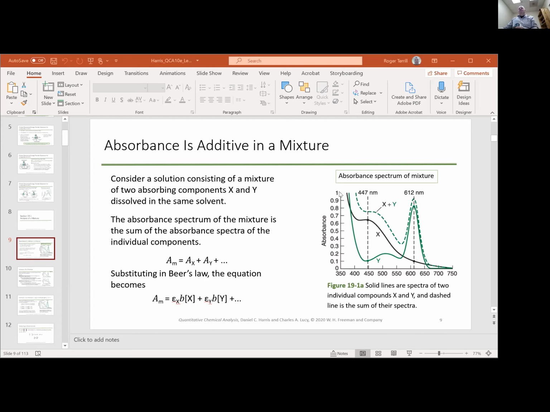Just think about 3 separate solutions: a standard of X, a standard of Y, and a mixture of X and Y. Right? And this X standard is 1 millimolar. Okay. 1 millimolar, right? And I say, okay, here's the spectrum of X and Y. What is the concentration of X in the mixture of X and Y?